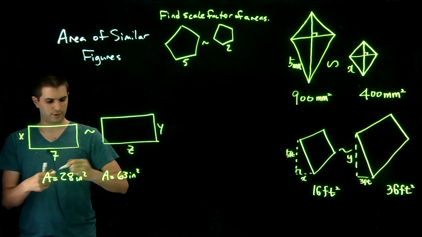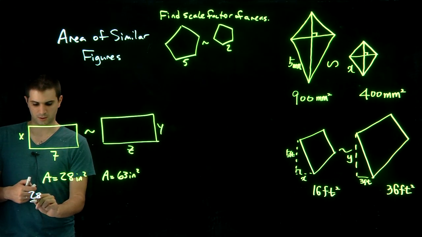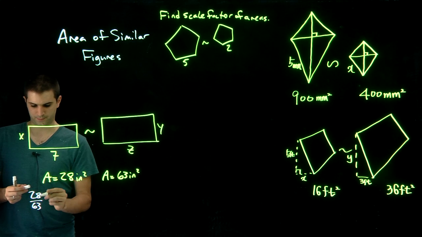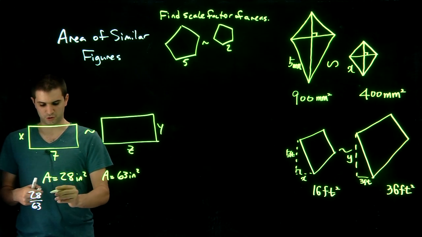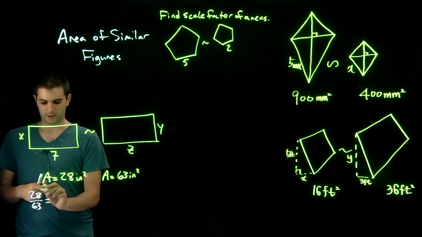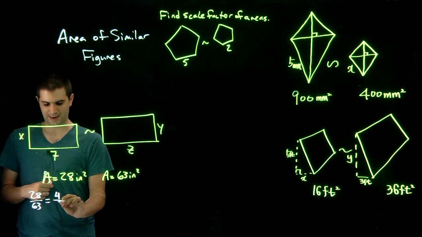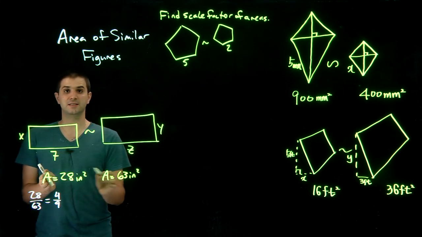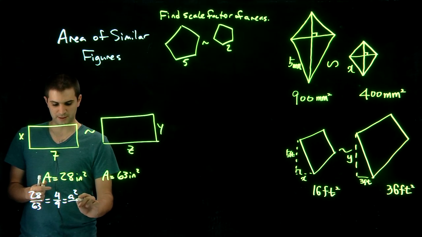Okay, so we know the scale factor of the areas, 28 over 63. First of all, I want to reduce that. If you can reduce it, then you should, of course. These both have 7 as a factor, so this is going to be 4 over 9. Since this is the area, this should be the ratio of a squared to b squared.